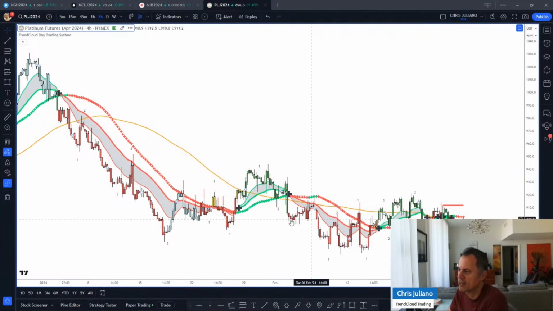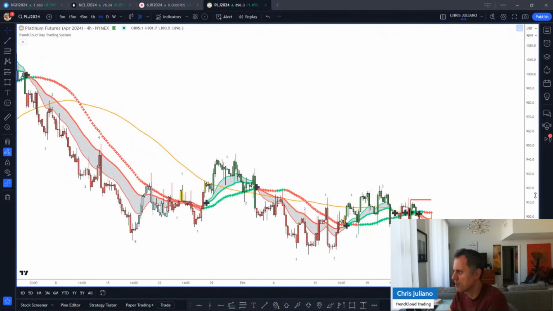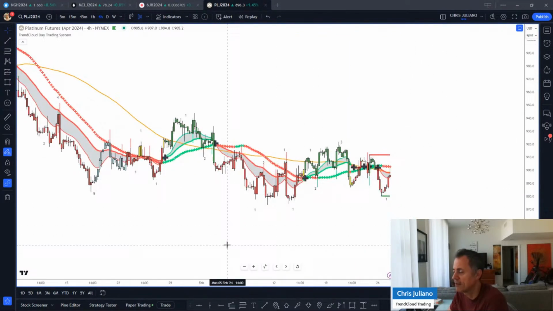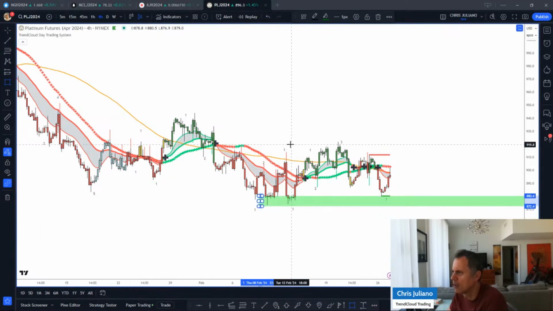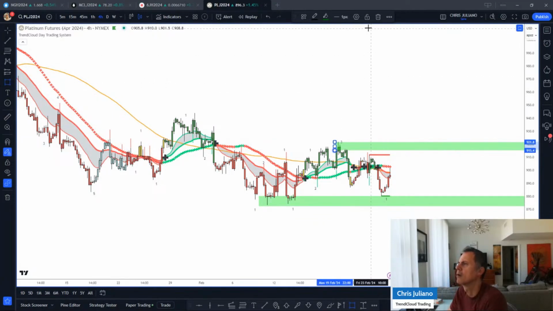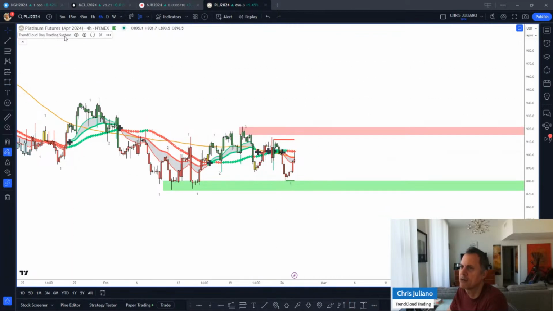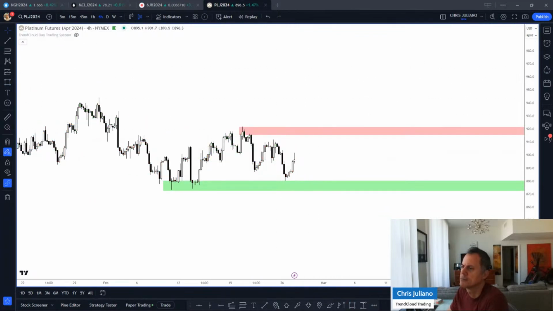And now it's deciding to go do something very strange on that 4-hour chart. Extreme low and extreme high. That's where we're at with platinum. All right.